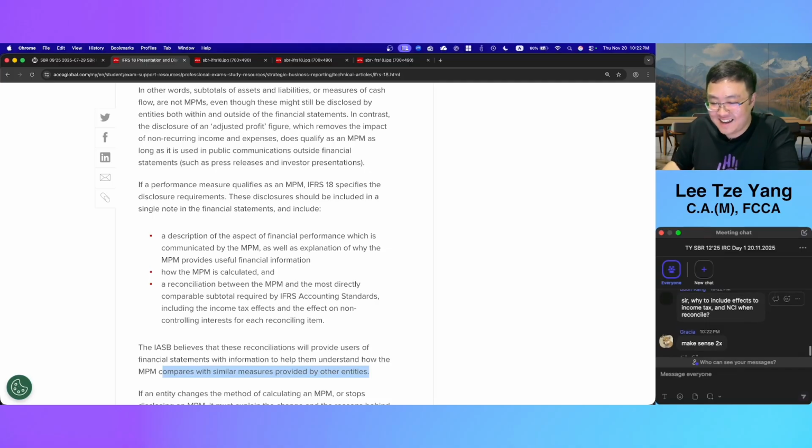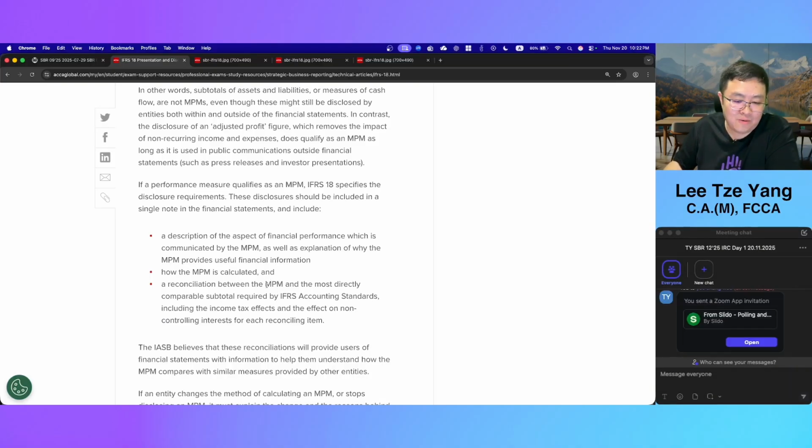Okay, why include effects on income tax and NCI in the reconciliation? Because they want to talk about how, in our financial statement, we have the operating, investing, financing, then we also have tax effect, and also whether it affects the NCI. For example, if it is a subsidiary figure, we need to split between parent and NCI. This has to be informed to the investor as well, like how much is related to NCI.